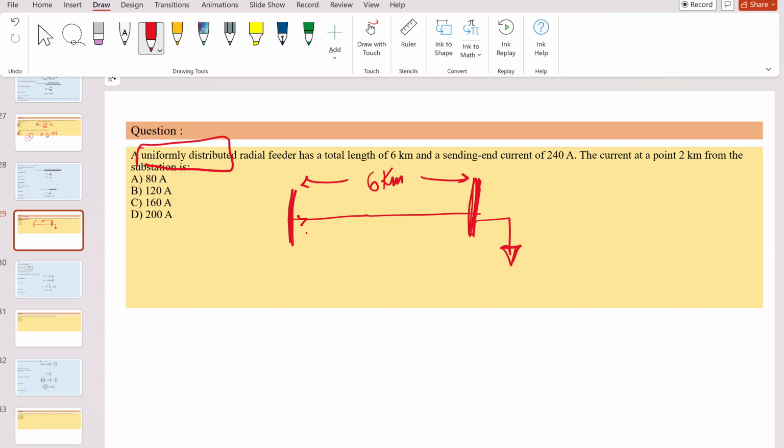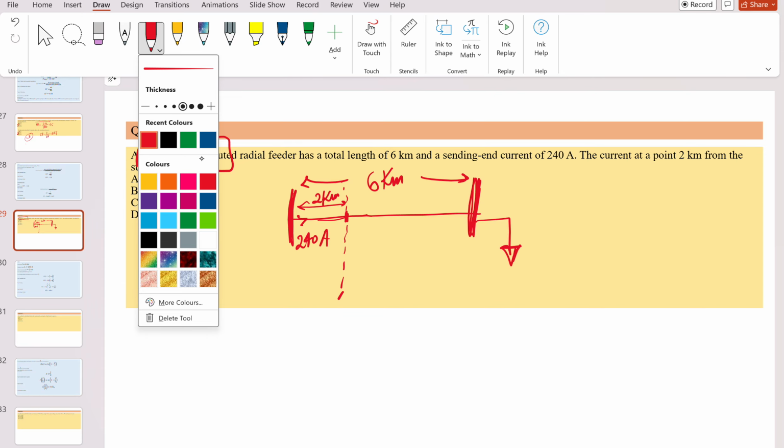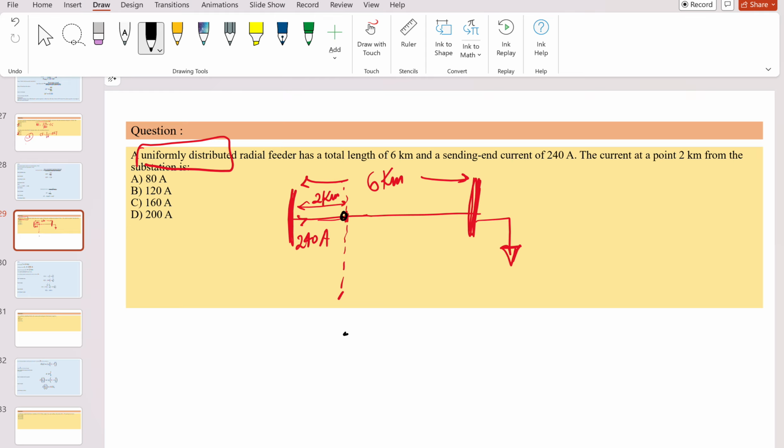It is given that the injection current is 240 amps. It is asking, at 2 kilometers, what will be the current? Here you have to find out at this location L what the current is, if there is a uniform distribution.